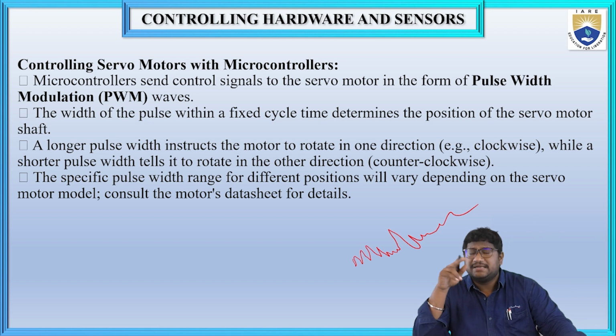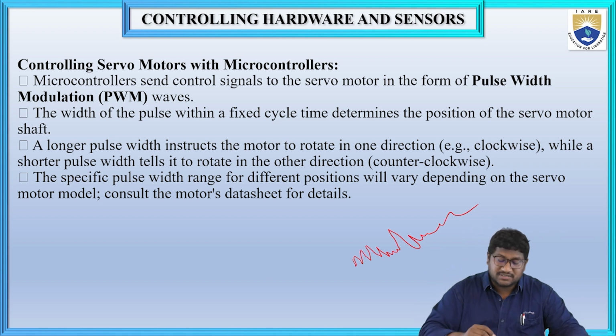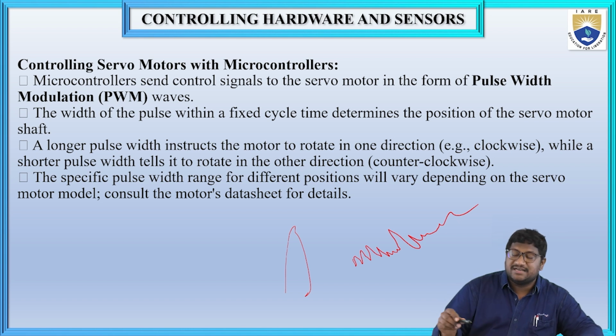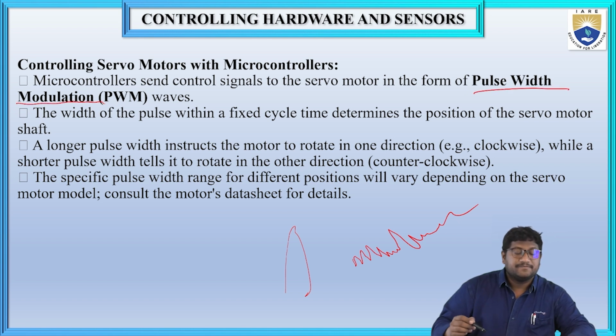In that there was pulse information. If our heartbeat goes high, the pulse is shown to you in that ECG format. In the same scenario, here also control signals pass the information in the form of PWM, which is a pulse width modulation wave.